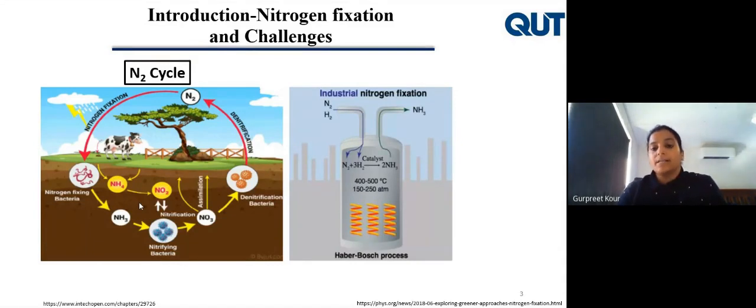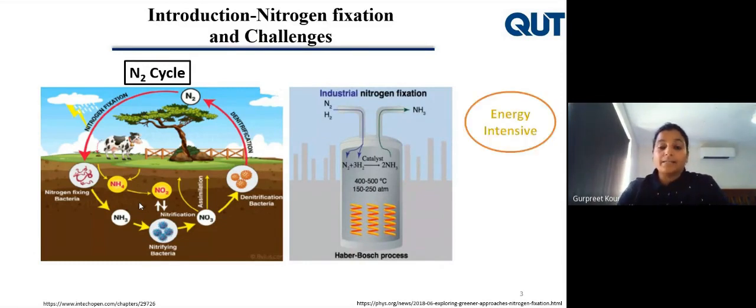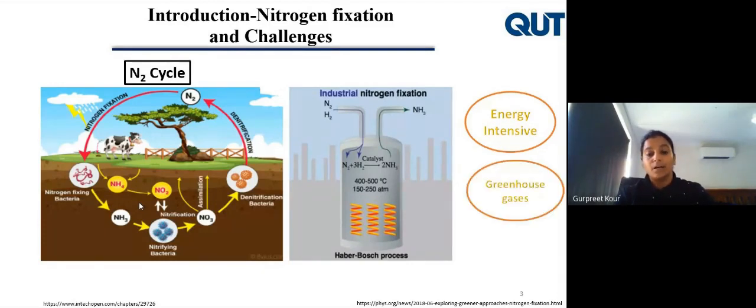But this process takes place at very high temperature and pressure. There are certain drawbacks, like it's highly energy intensive. In addition, this process leads to the emission of a lot of greenhouse gases. So it's very important to look for alternatives to the Haber-Bosch process.